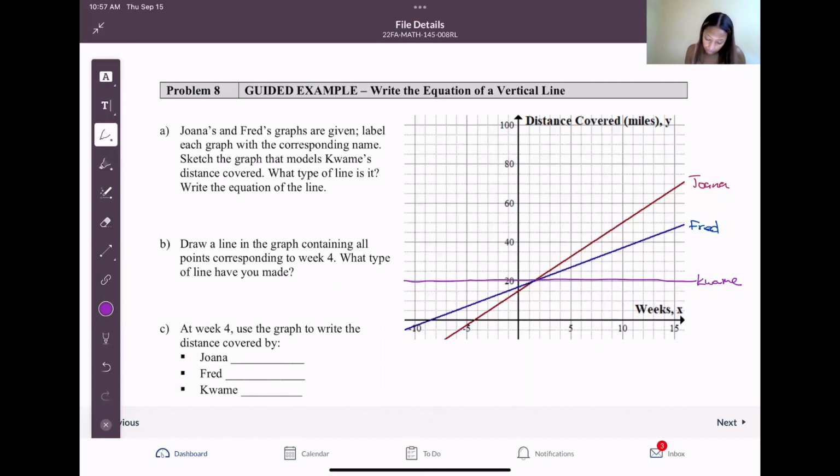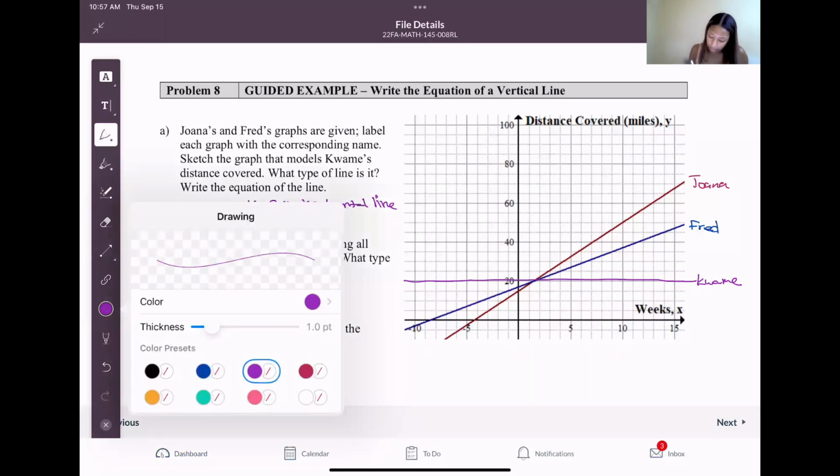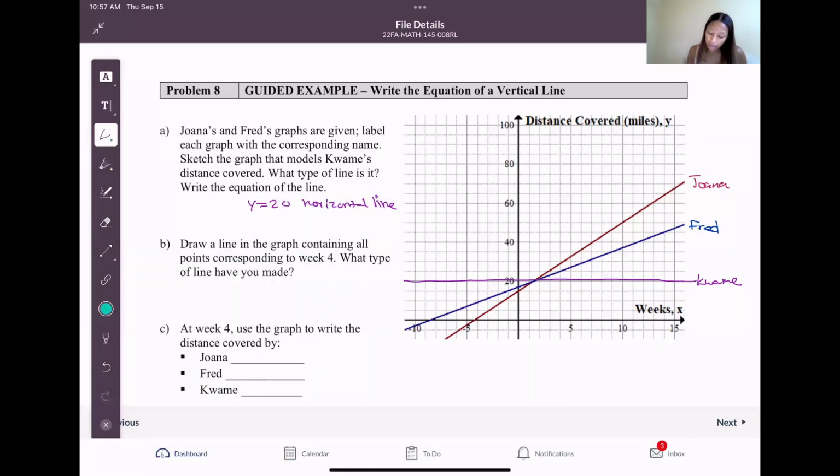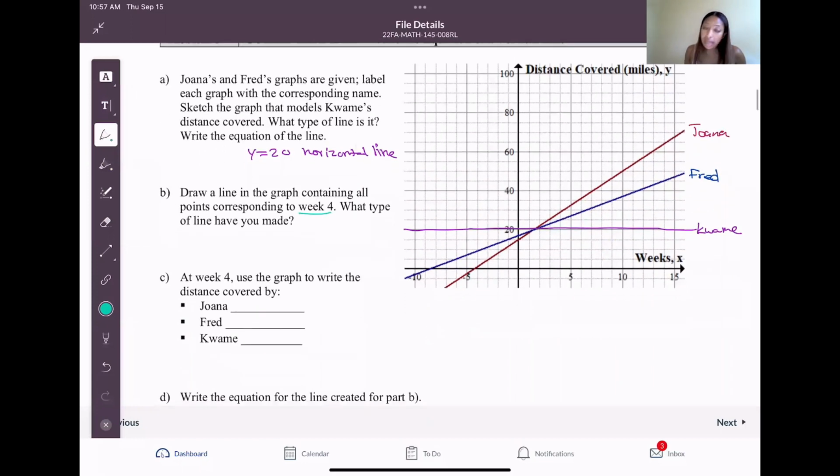Okay. Wait, I missed something. What type of line is this? Y equals 20 is a horizontal line. Okay. And then the next part, we need a different color. Let's go with this one. Draw a line that corresponds to week 4. That will be the line where all of the X values are 4.